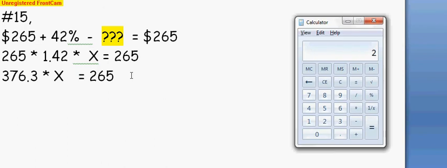So we're going to have 265 divided by 376.3, which is 0.70. Okay, so we get X equals 0.70.